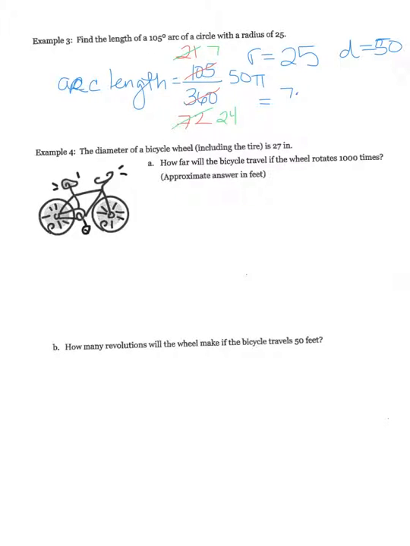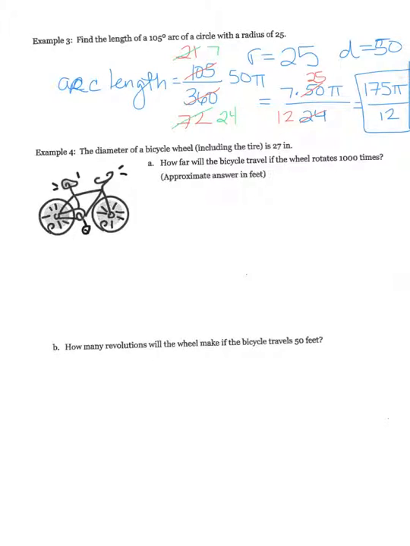We can have 7 times 50 pi over 24. And before I completely go across, I know that both 50 and 24 are divisible by 2, so I can do 25 here, and I can put 12 down here. And then from there, we can multiply across because we're done simplifying. 7 times 25 is 175 pi on top, and then 12 on the bottom. And there were no units given, so that is your final answer.